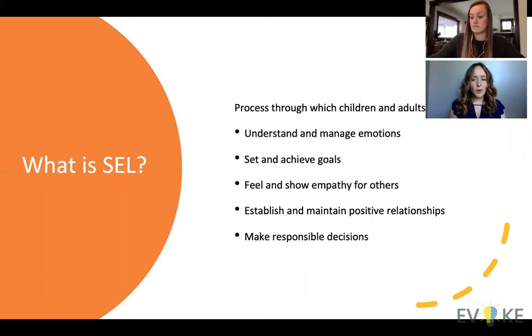And all of these components are essential for success, not only in school, but also in your students' future lives and careers. And SEL really has the greatest impact when children begin to learn it at an early age. So it's essential that it's something you can start incorporating into your students' lives now for the best possible outcomes.